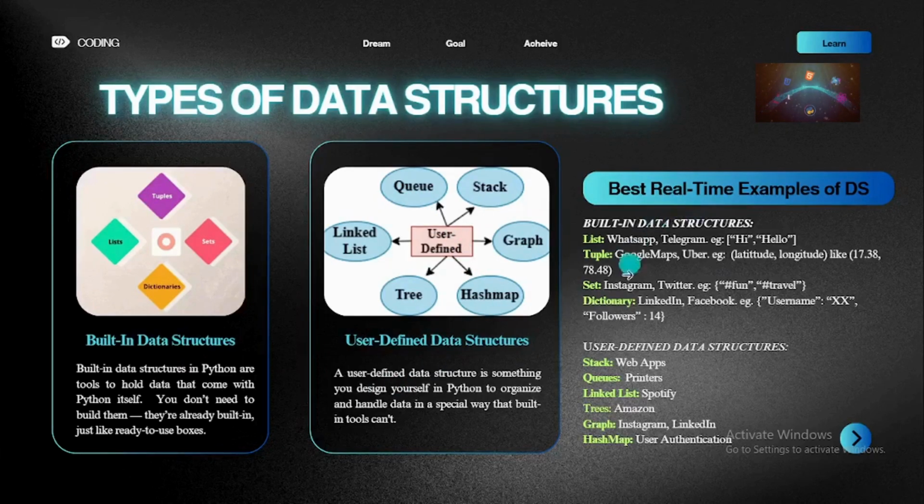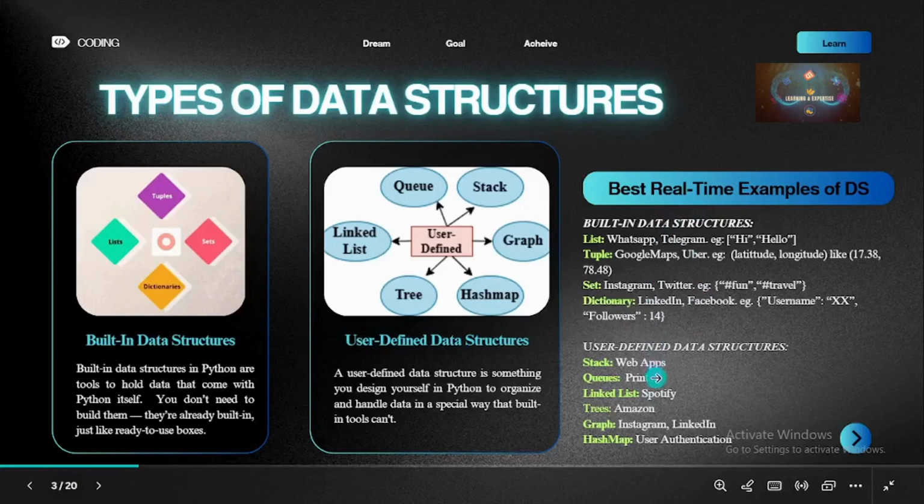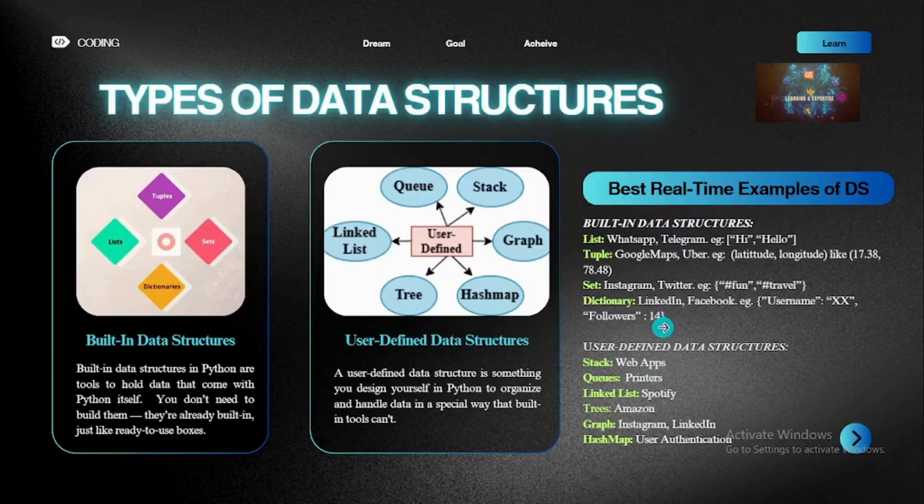Here are the best examples of data structures in Python. List is widely used in WhatsApp and Telegram, like when we send hi, hello messages to our friends, relatives, and colleagues. When it comes to the tuple, we have a location when we book a cab, where we have longitude and latitude at the back end.